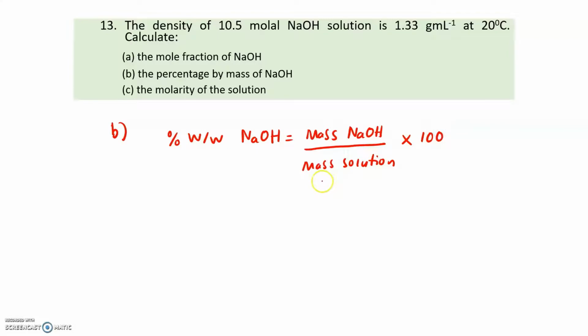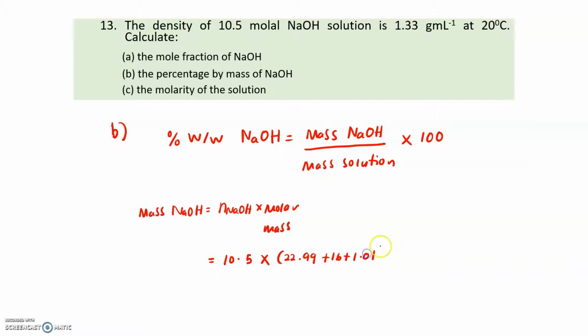We need to find mass of sodium hydroxide, so take mole of sodium hydroxide times molar mass. Mole of sodium hydroxide from assumption is 10.5, times molar mass 22.99 plus 16 plus 1.01. So the mass is 420 gram. So mass of sodium hydroxide is 420.